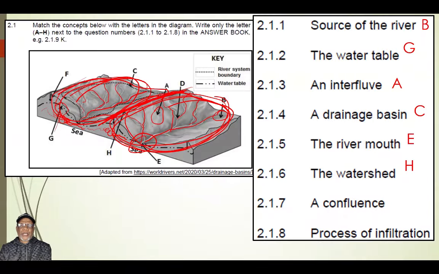Don't confuse watershed and interfluve. Interfluve separates the streams within the same drainage basin, but the watershed separates two or more drainage basins.